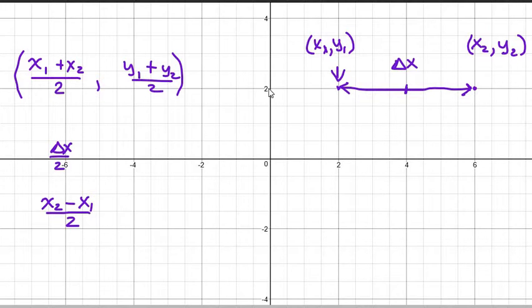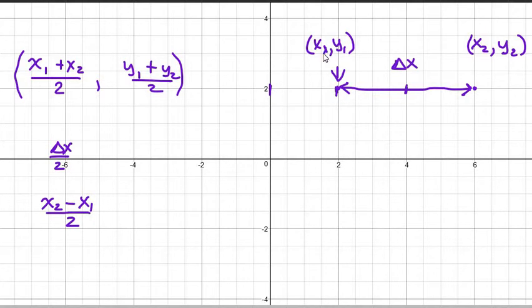But if we know the distance between the y-axis and this point, then we can add this distance, and we should end up right here. Well, what is the distance between here and the y-axis? That distance is x1. We're going over, for example, in this case, 2 units to the right.